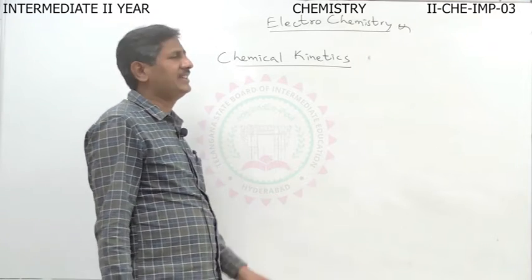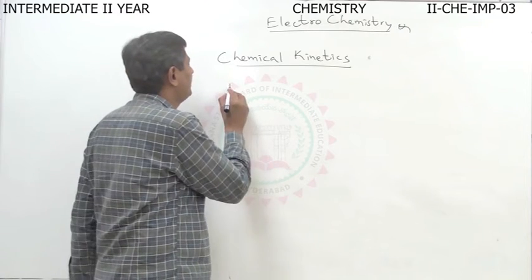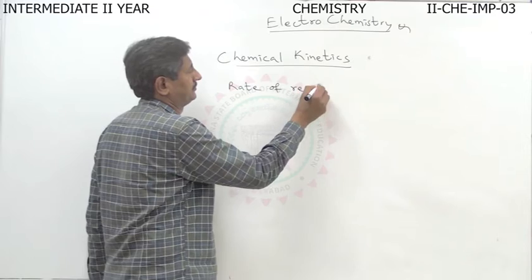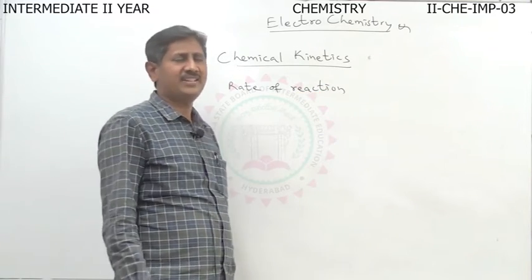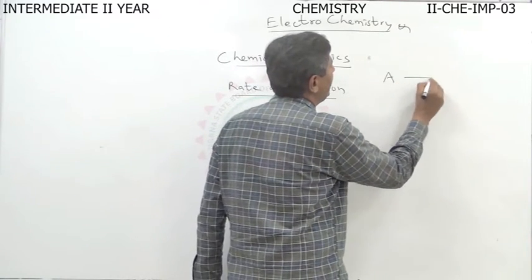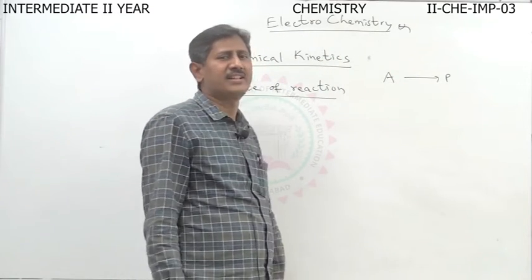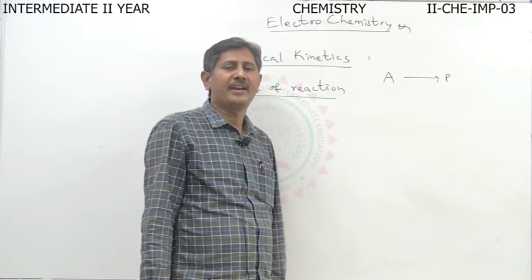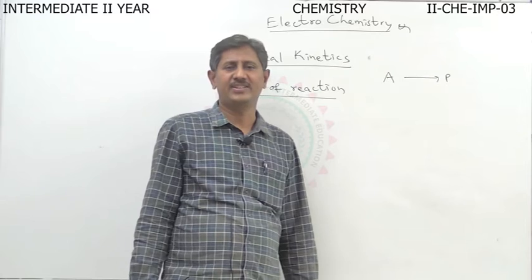We can see about chemical kinetics, the rate of reaction. For example, you take a reaction A to form products. Here, the decrease in the concentration of reactants or increase in the concentration of products per unit time is called the rate of reaction.